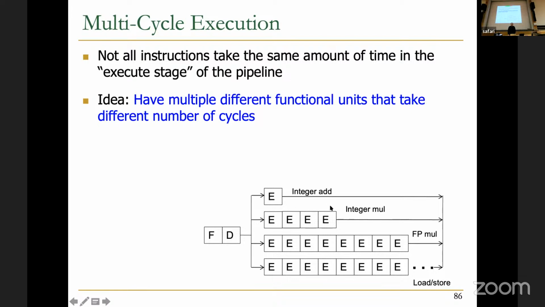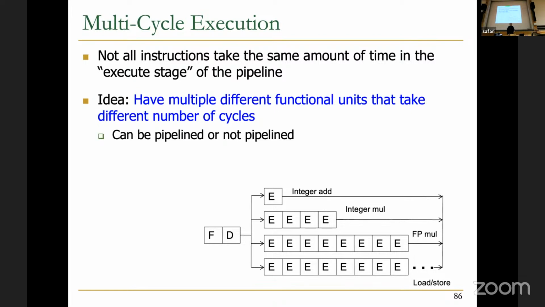But multiplication is usually more costly compared to addition, so you need to wait 4 cycles. Floating point multiplication and floating point addition are also more costly. So in a modern system, we have multiple functional units, and depending on your instruction, you're going to have different latencies.